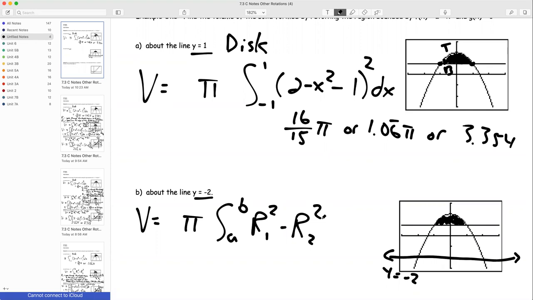And so we have two regions that we need to define. Let me draw them for you. All right. The first one's R1. It goes from the top curve all the way to the axis of rotation. That's R1. The second one goes from the edge of the shaded region all the way to the axis of rotation. So that's R2. Let me write those down.